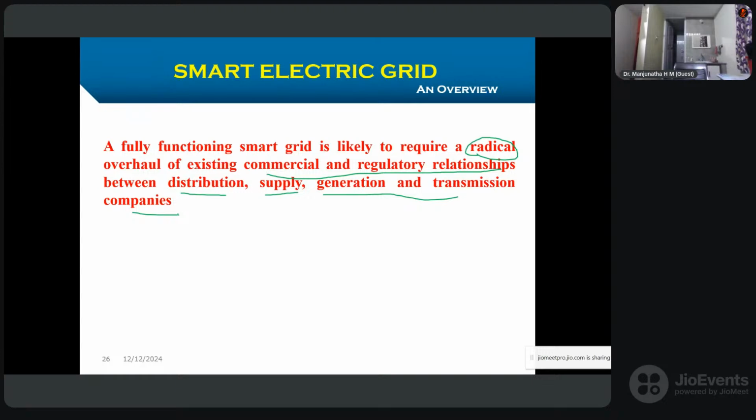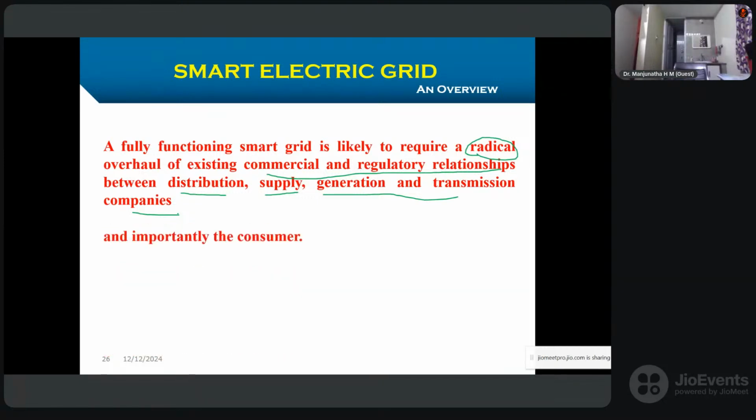So policy changes are most important. Even though you build the technology, you cannot deploy it unless the regulation allows, and the regulation change will happen only when the policy changes are effective.